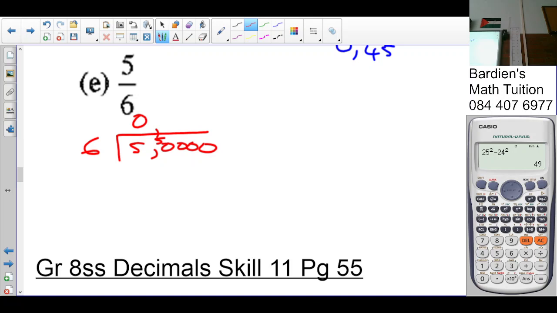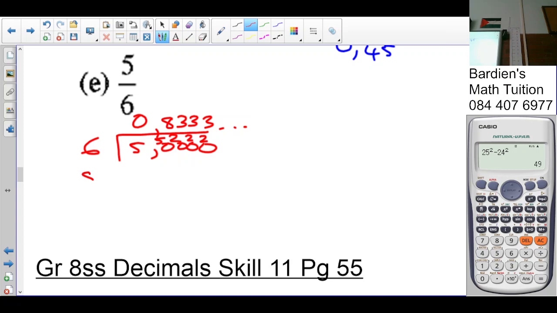It's 8 times. How much remaining? 2. 6 goes into 20 how many times? 3. Remaining? 2. 6 goes into 20 how many times? 3. Remaining? 2. So it's 3 and so on.